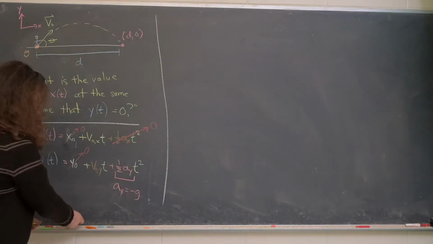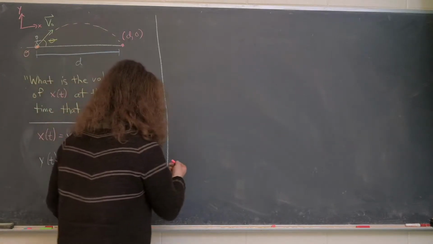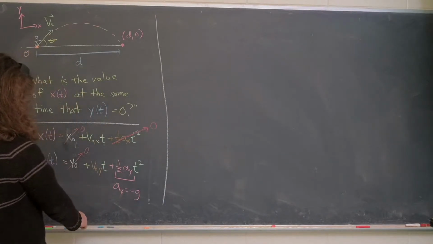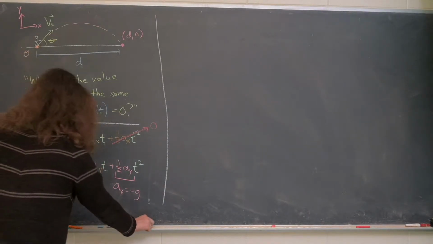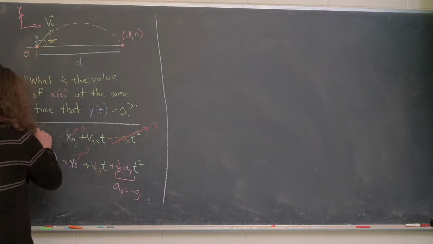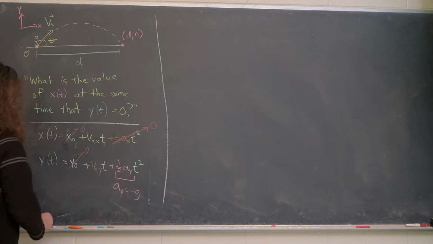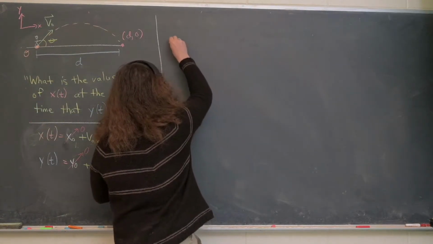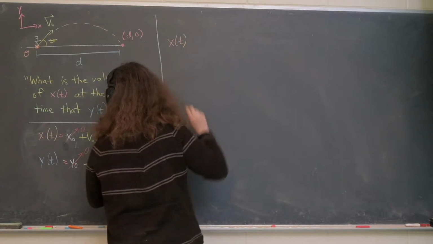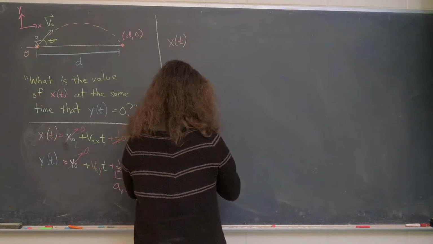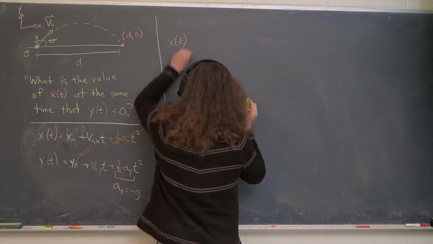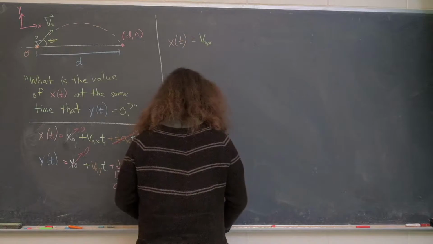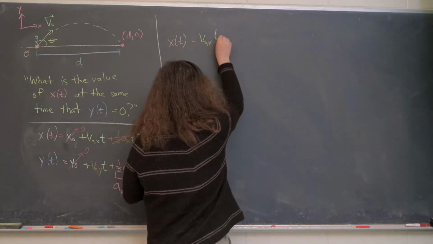So what do I have? Oh no, I used the wrong color. Damn it. Make this be orange. x of t. There we go. So x of t, I've got the initial velocity term, v naught x times t.